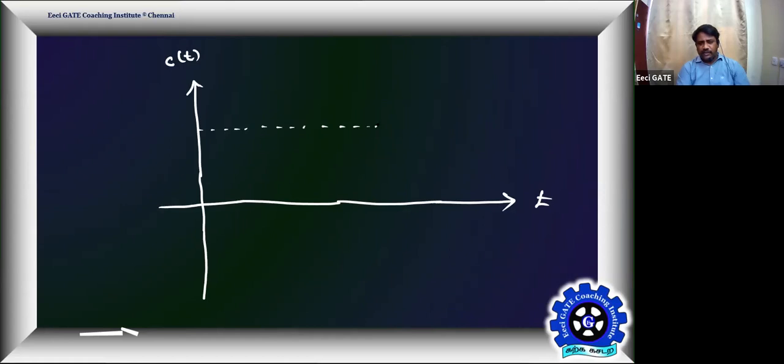In this case, it's not AK, it is settling to A only. Response begins with 0 at time t equal to 0 seconds. Then it is going to have converging oscillations.